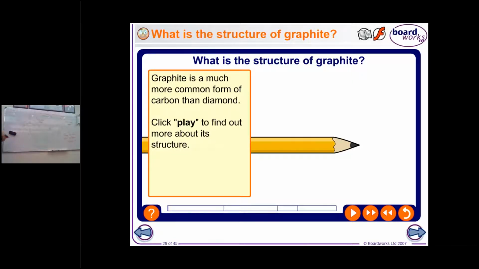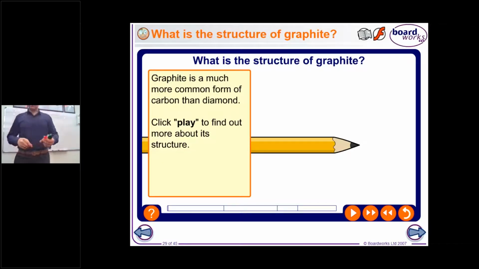These are common or similar properties of silicon dioxide and diamond. So we have time. Let's continue.